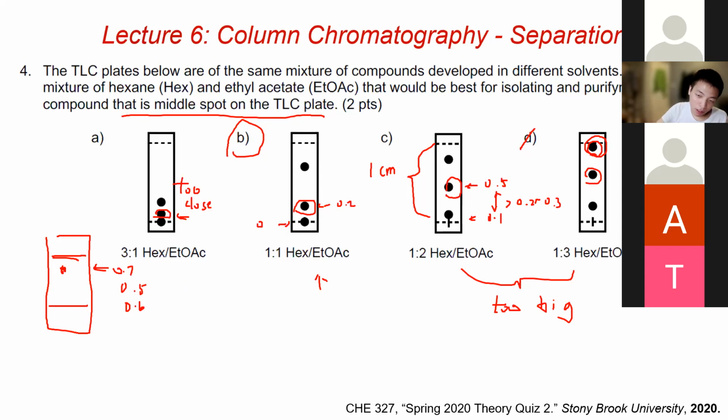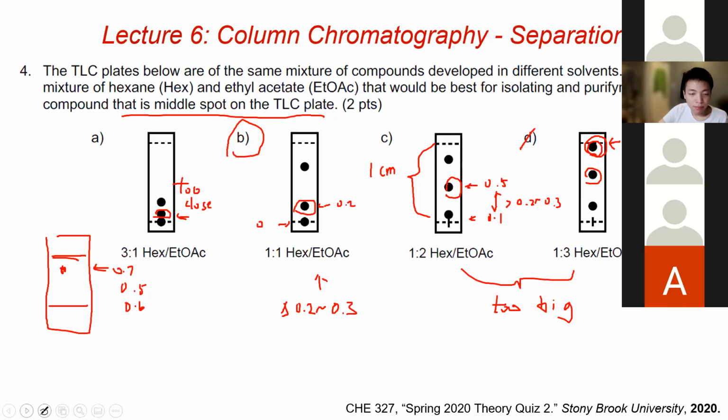But if it stays or is really close to the solvent front line, then the quality won't be that good, and it won't be accepted to perform separation on the column. So the takeaway is this is the golden ratio you guys want to remember. Just sit around that range and you'll be fine.